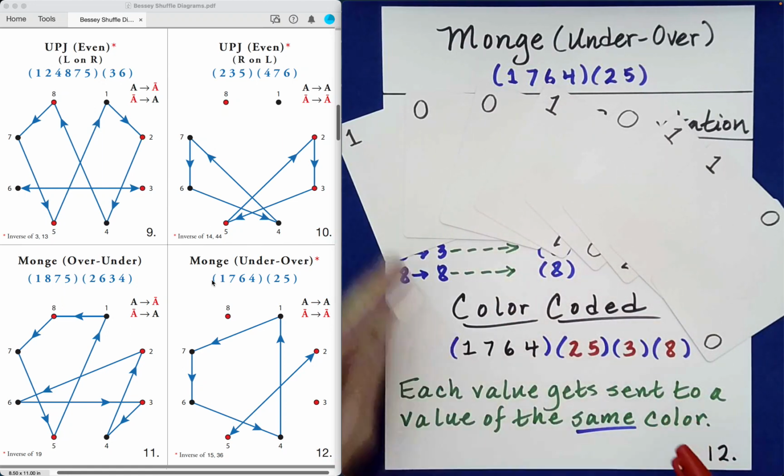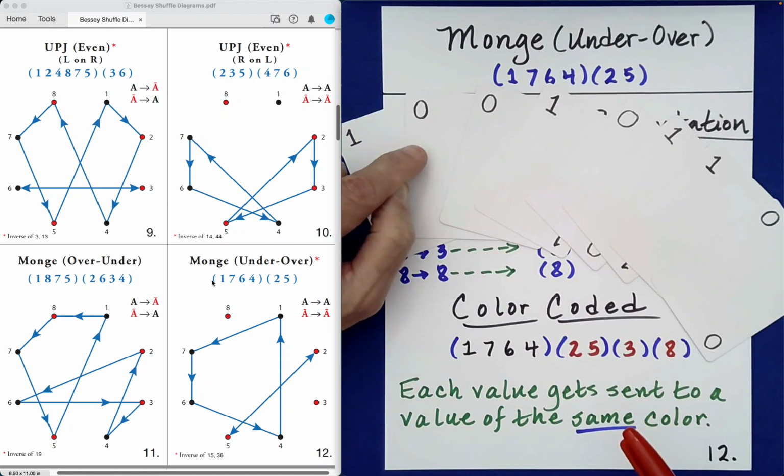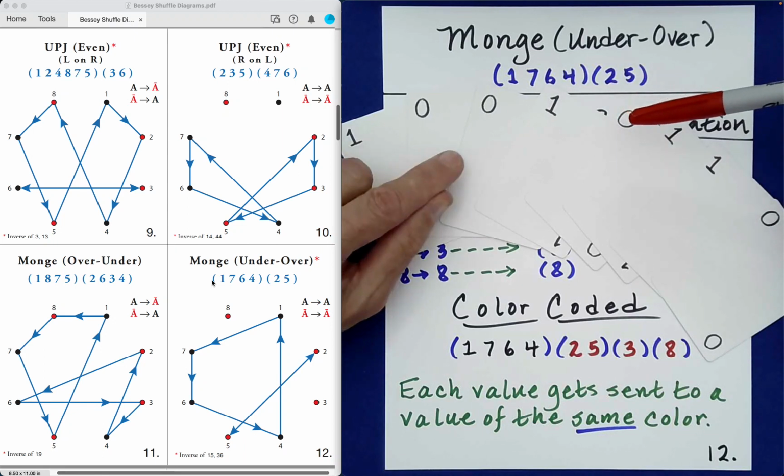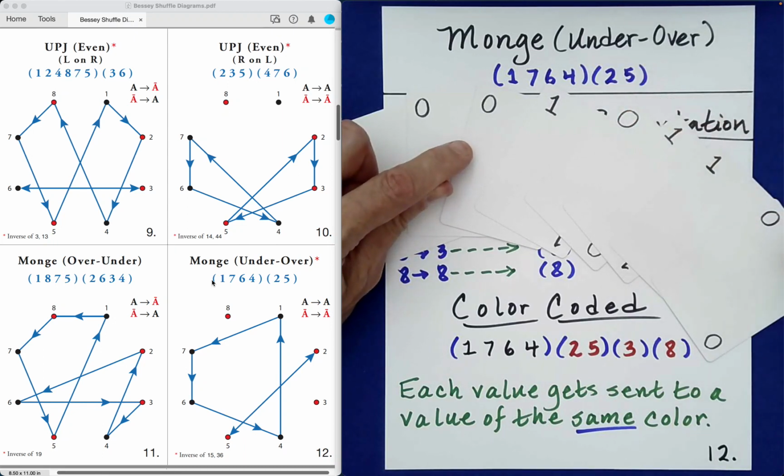Now it is true that the zero in the second position and the zero in the fifth position, this one right here, those are getting switched. They switch places each time you perform this under, over shuffle. They just switch places back and forth. Now, the zeros in position 3 and 8 are fixed points.